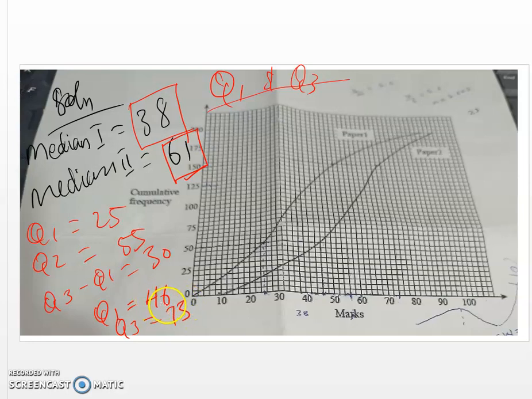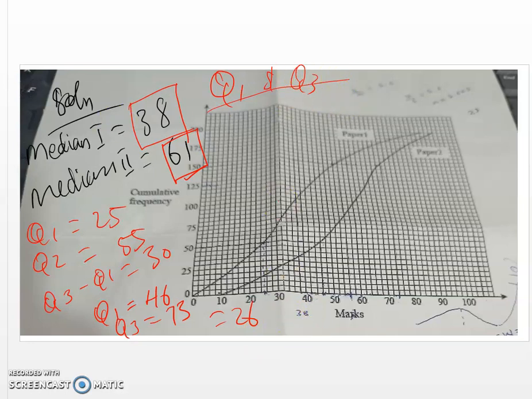I will refer you to the previous video where I did an introduction on the interquartile range. So it is 73 minus 46, and this gives us 26. Therefore, the interquartile range, Q3 minus Q1: 30 is greater than 26.